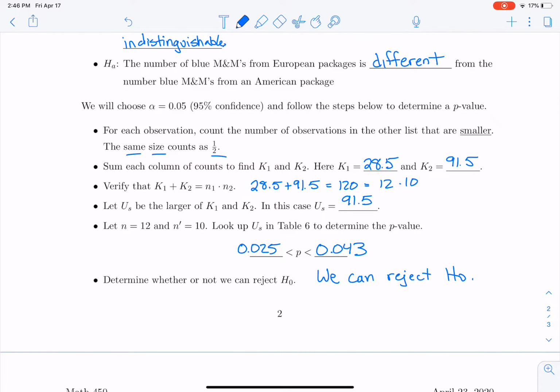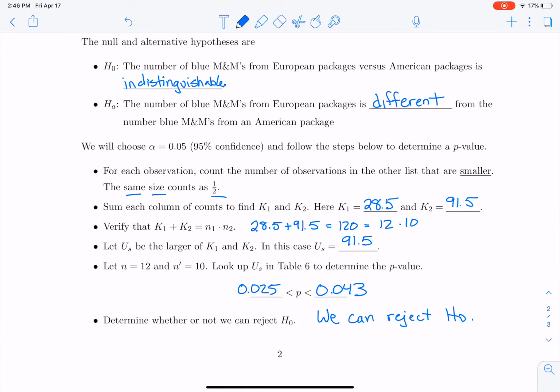We can conclude that the number of blue M&Ms from a European package of M&Ms is different from the number of blue M&Ms from an American package of M&Ms. And if you actually Google some of this on the M&M website, this is exactly what they're intending.